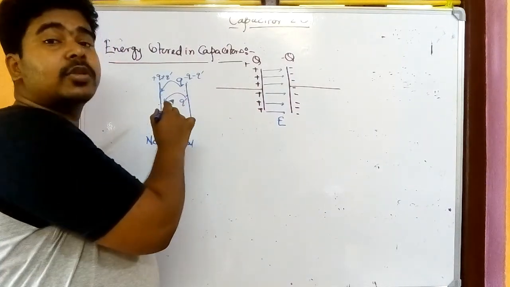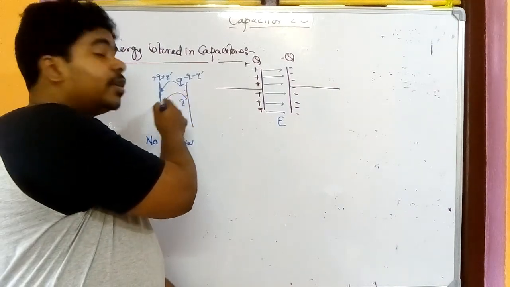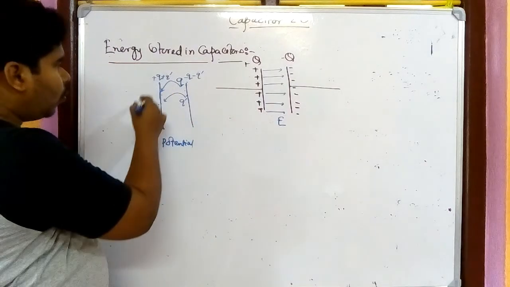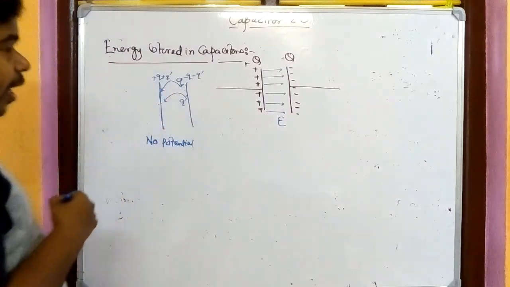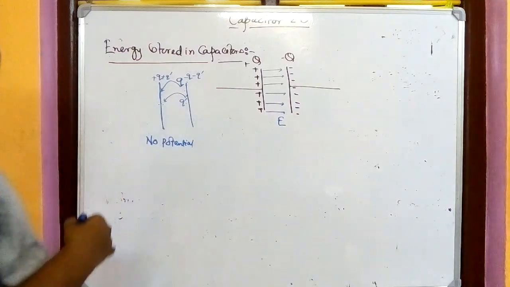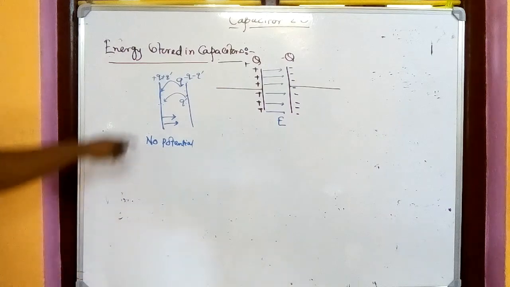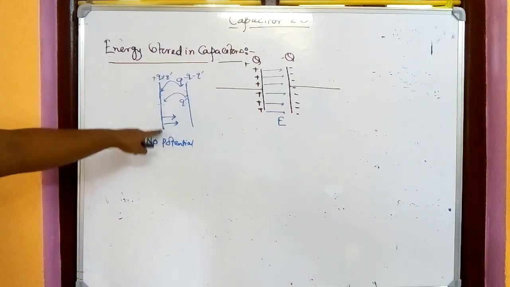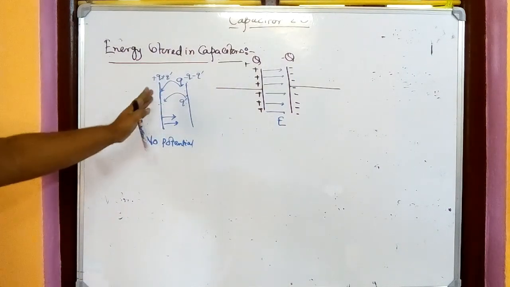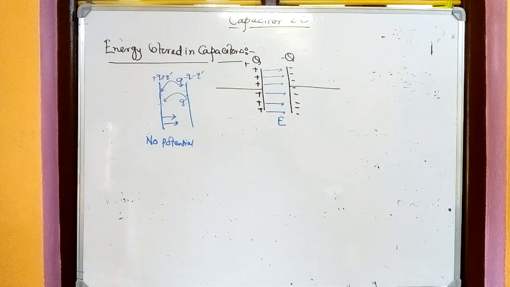This charge will not oppose it, and charges will come here one by one. But once plus q charge has come, then when another minus q is taken, it will feel a force, because previously plus q charge is already here, so it tries to oppose the other charge, it tries to prevent the coming of another charge.